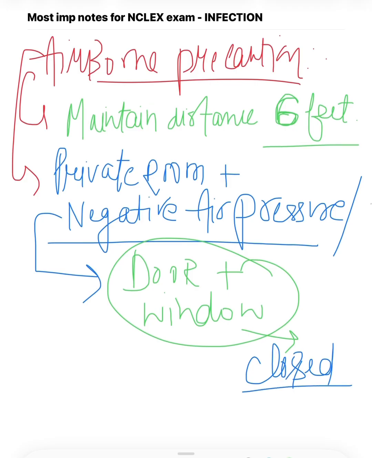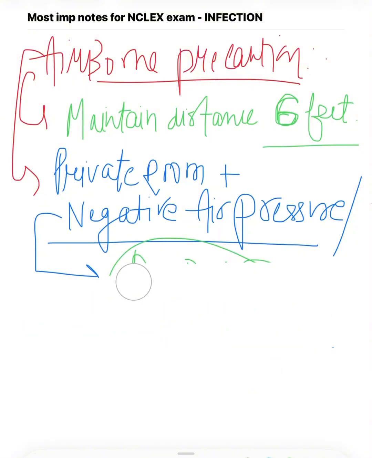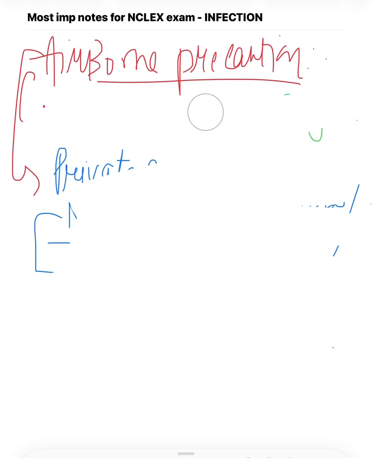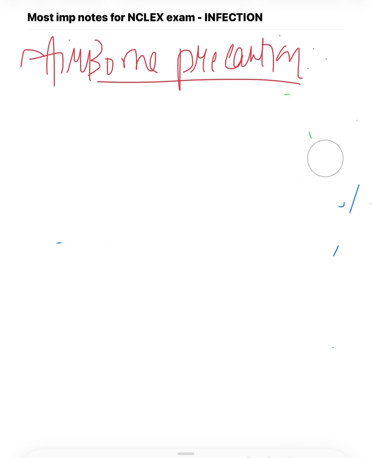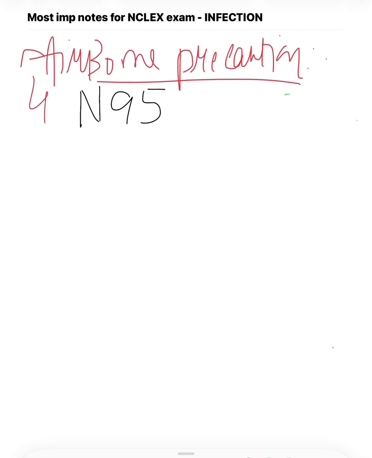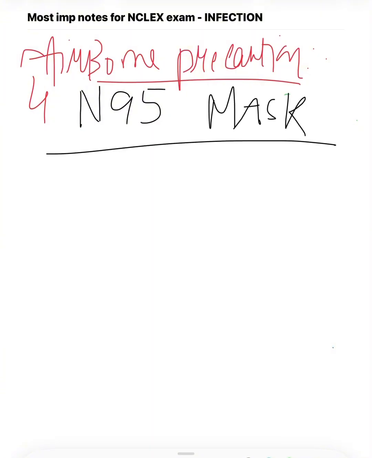Next, a few points in airborne precautions regarding PPE. First, you have to use an N95 mask, respirator mask, for every nurse and staff, every time.